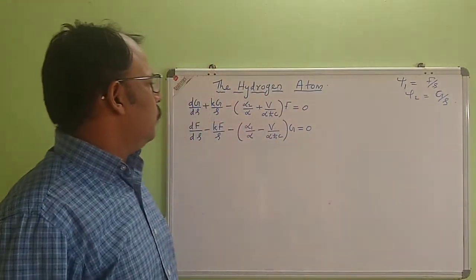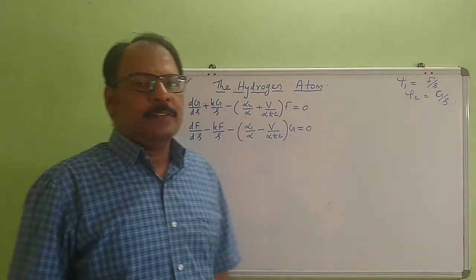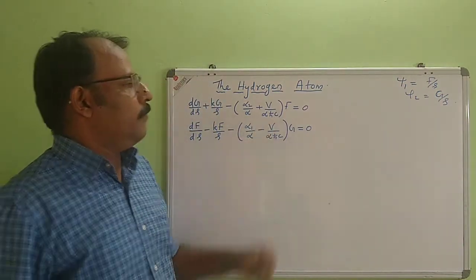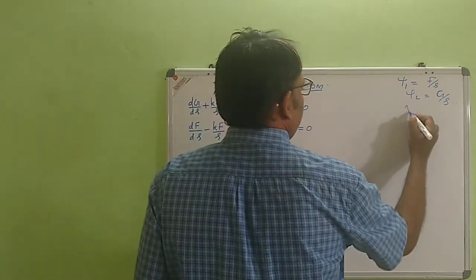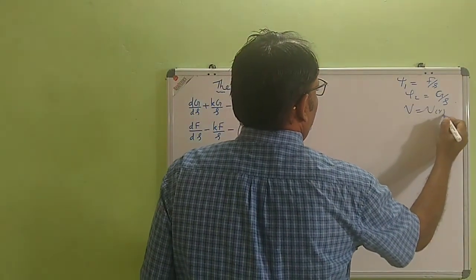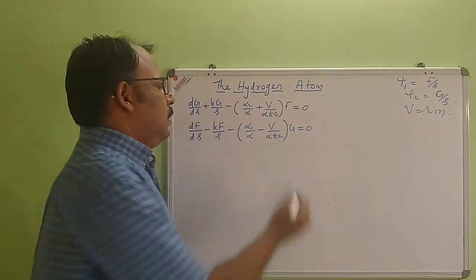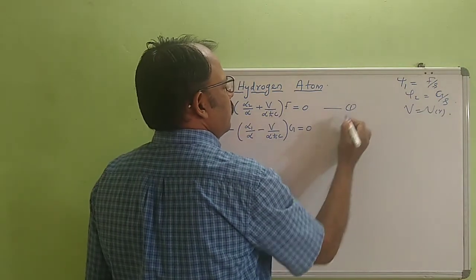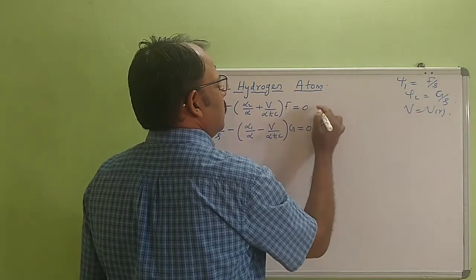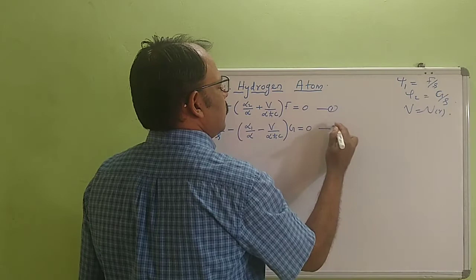Consequently, we got two equations from the Dirac relativistic wave equation for a central potential V, where V is a function of R only. I am taking this as equation 1, and this as equation 2.